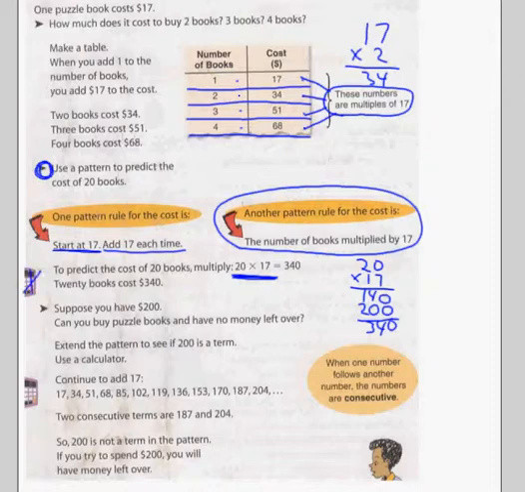Suppose you have $200. Can you buy puzzle books and have no money left over? Well, we would have to do a little bit more math, right?